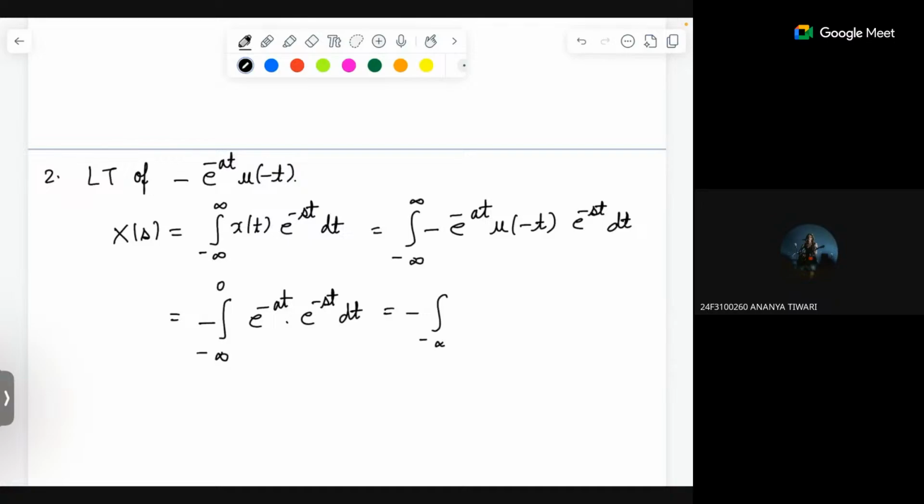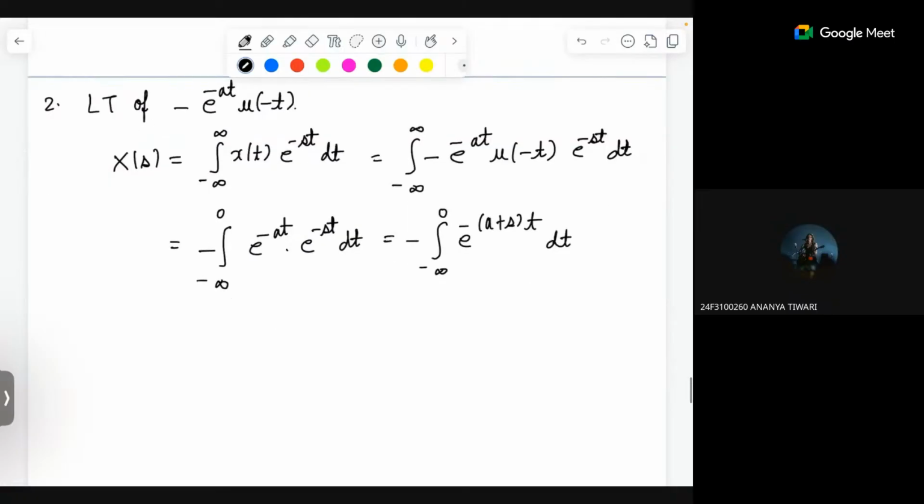Now let us take the e terms together. So e raised to the power of minus (a plus s)t dt. Now we will integrate. So the exponential comes as it is, and this is there in the denominator. The negative cancels.